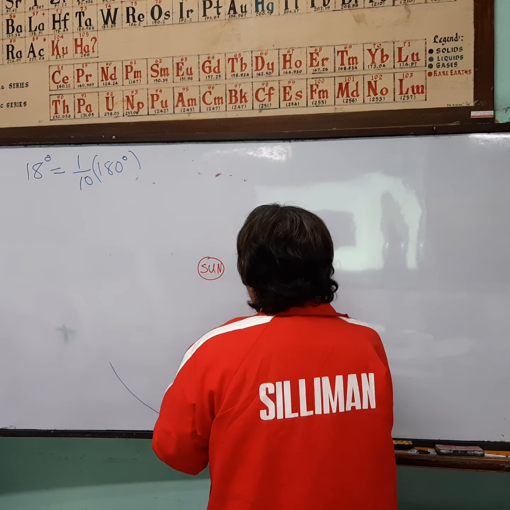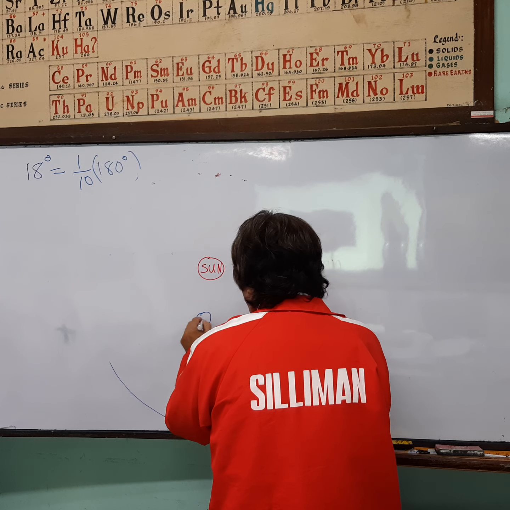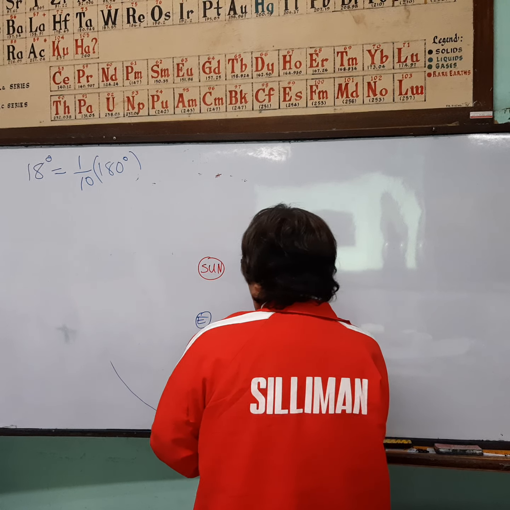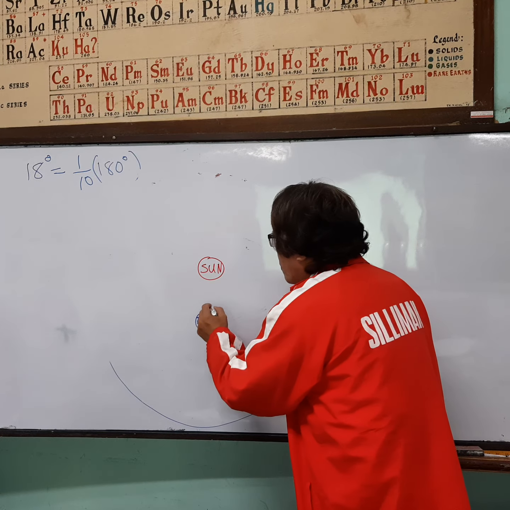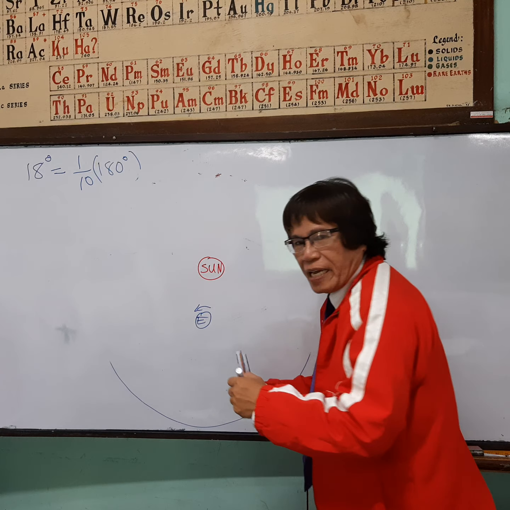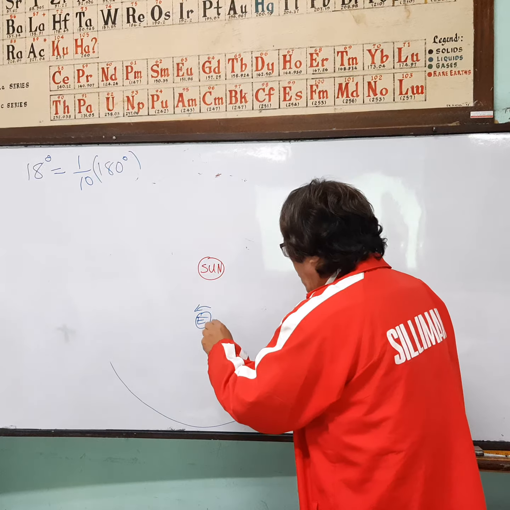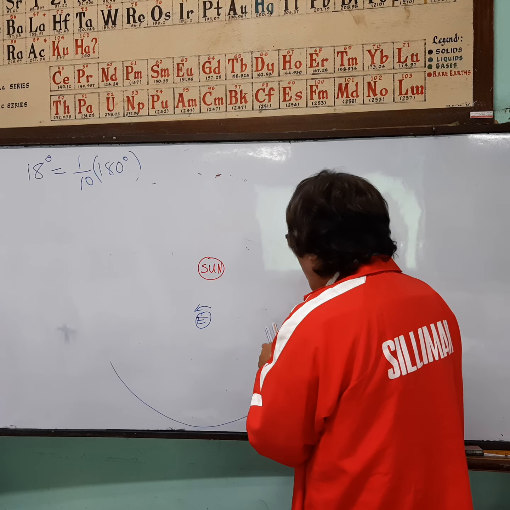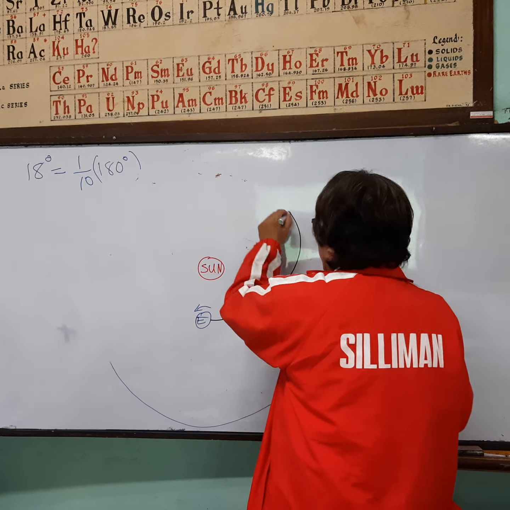You have here the earth. Earth. Okay? Nighttime and daytime are caused by the rotation of the earth, not because of its motion around the sun, not because it is moving around the sun.